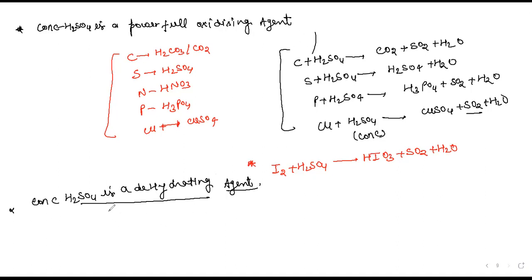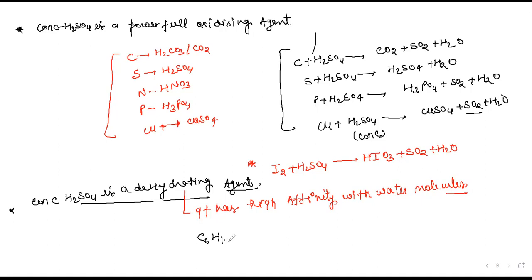If we are having glucose and we react concentrated H2SO4 here, it will make 6C plus 6H2O.